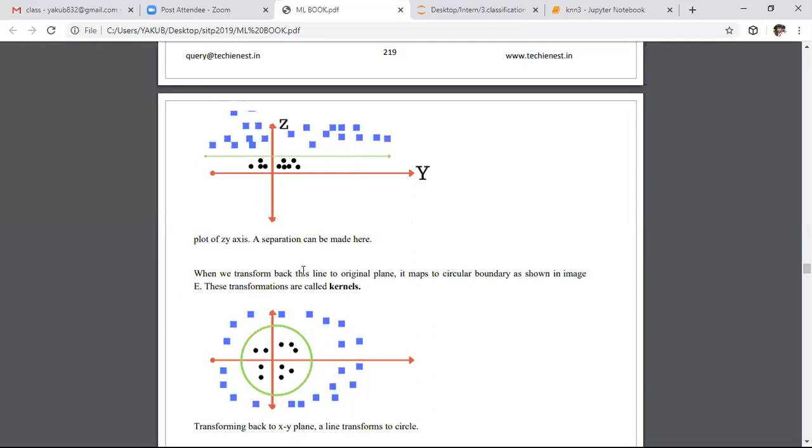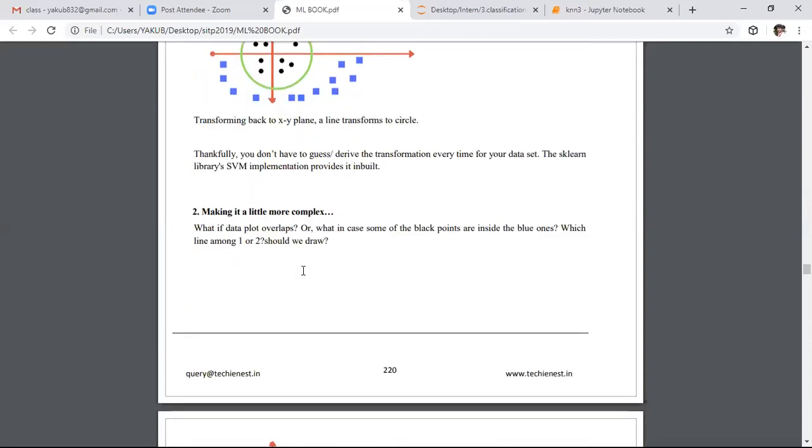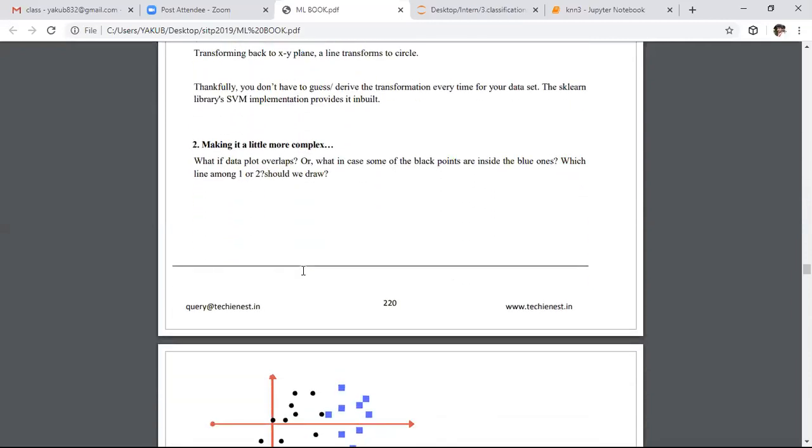Whenever you want to convert 2 dimension data into 3D or 4D, converting from one dimension to another is highly computationally intensive, and a high computational complexity is involved. To solve that, it will take more time. To avoid that problem, we are proposing the kernel. By using some mathematical equations, we convert the data into a linearly separable form.